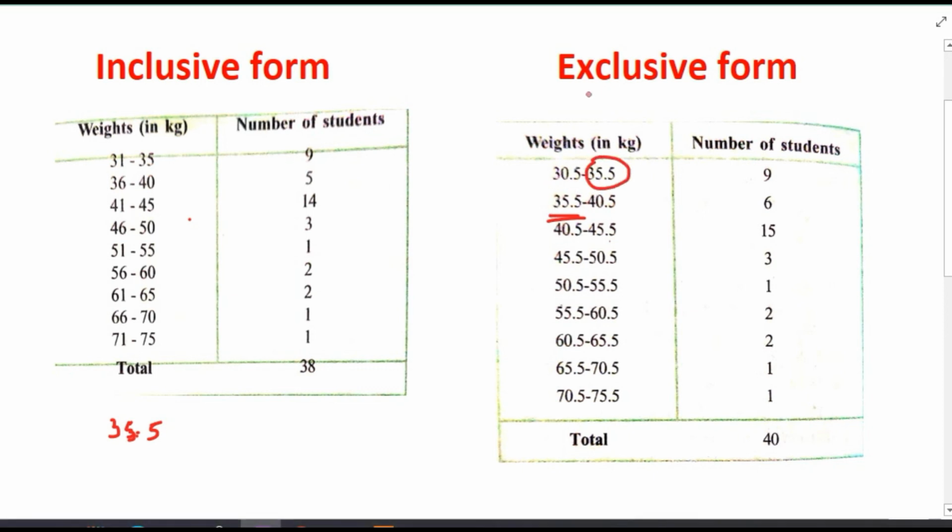Such a frequency distribution is exclusive form, and it will be continuous. You can see that 35.5 is the upper limit here, and 35.5 is the lower limit of this class interval. So exclusive form is otherwise called continuous form, and inclusive form is otherwise called discontinuous form. So these are the different types of frequency distribution.